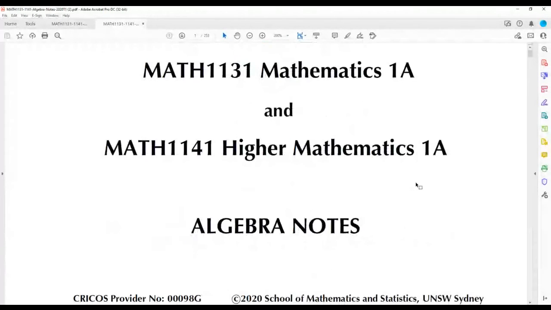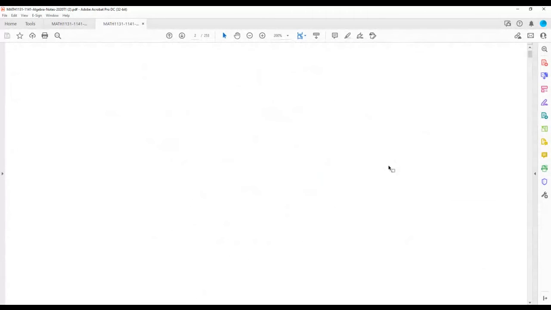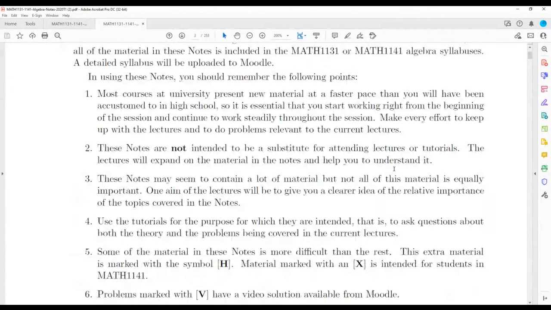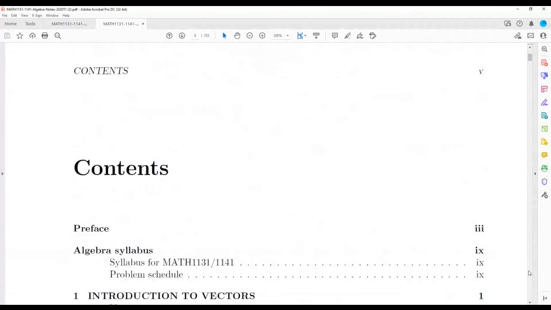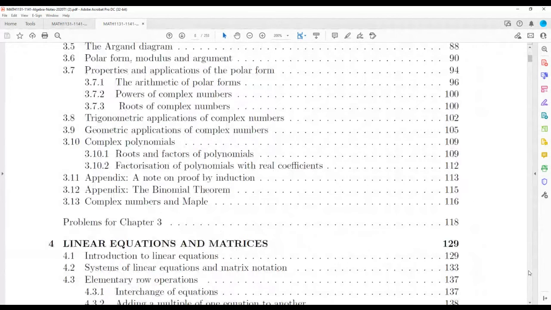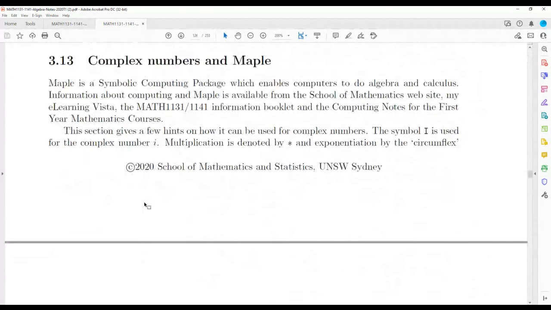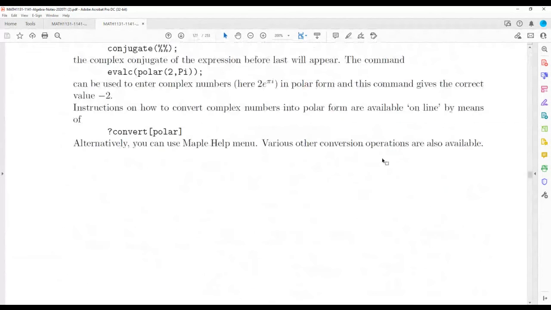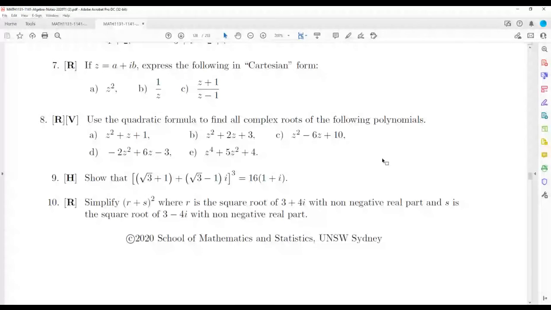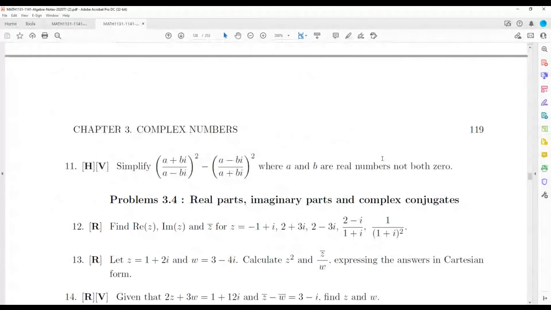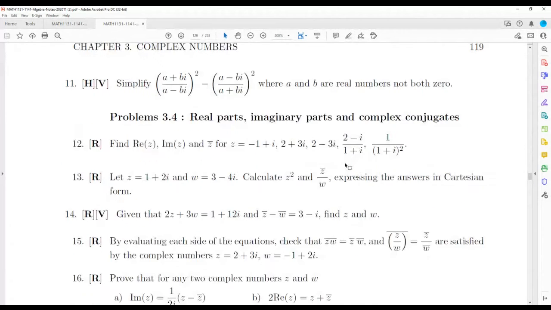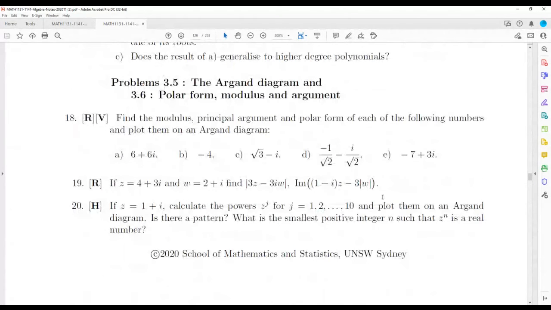All right, let's shift over to some algebra. So it's complex numbers today, folks. Here are some questions. And so what I thought we could talk about are some of these polar forms.